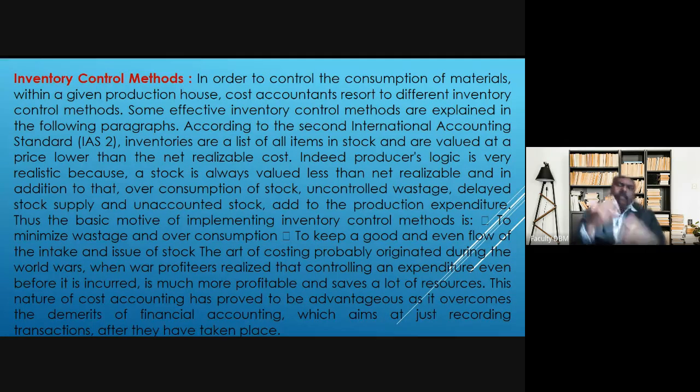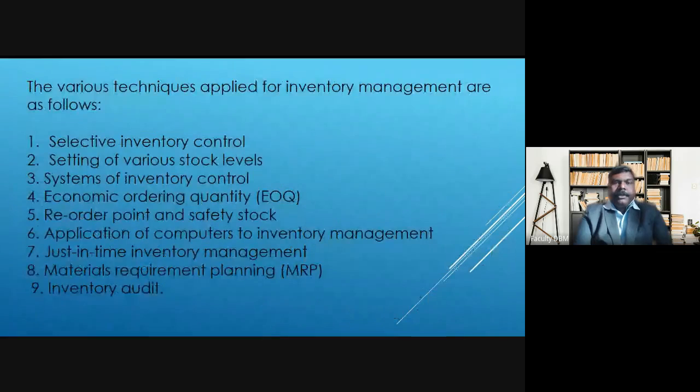So before buying, before purchasing, we have to start doing that, or while maintaining the stock, we have to do that. So what are the measures, how can we control this, that we are going to see now. These are very important things that we have to concentrate on when you think of inventory management.